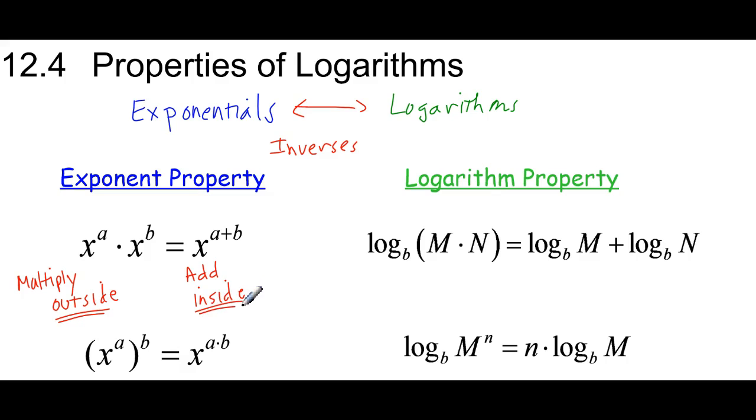The reason I'm being that specific about what's happening there is because when we go over here to the logarithm property, notice that the multiplying is happening inside the logarithm. And the adding is happening outside the logarithm.